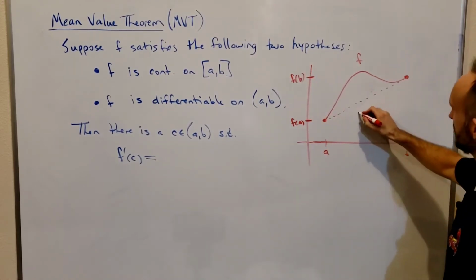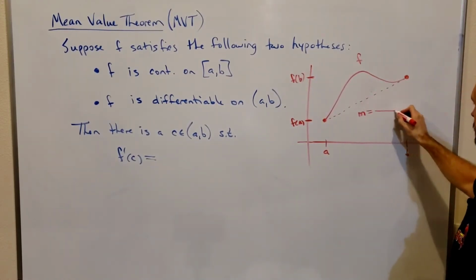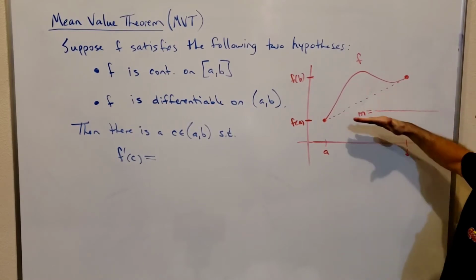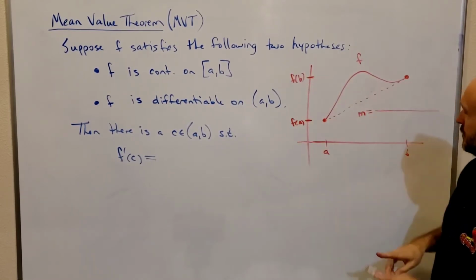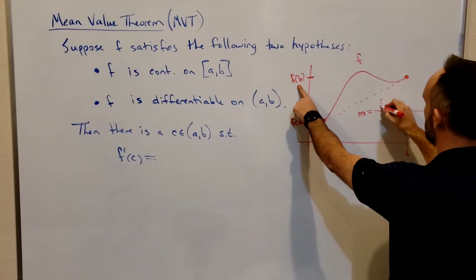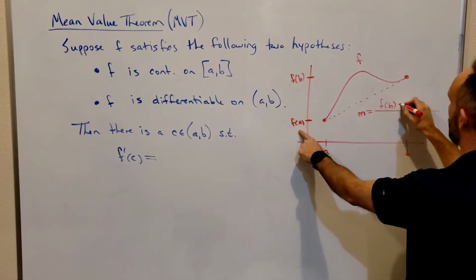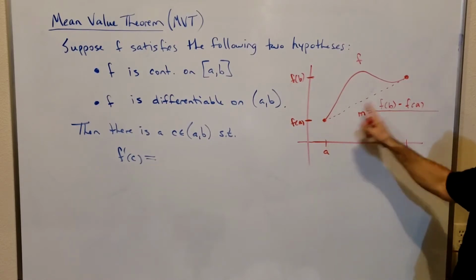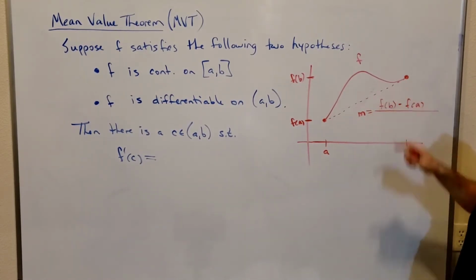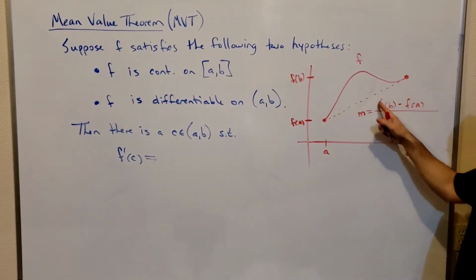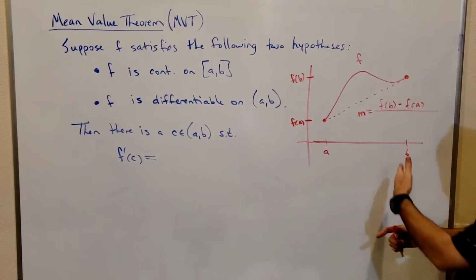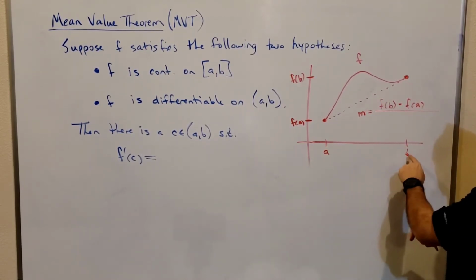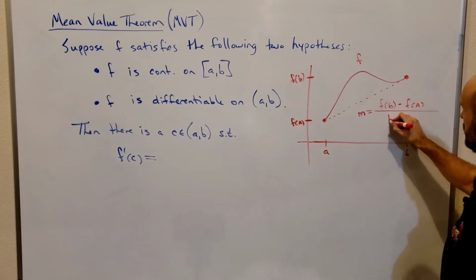My rise would be the difference in my y values, so that would be f of b minus f of a. That's the vertical change between the left endpoint and the right endpoint of my interval. Divided by my run, the horizontal measurement, which would be b minus a.